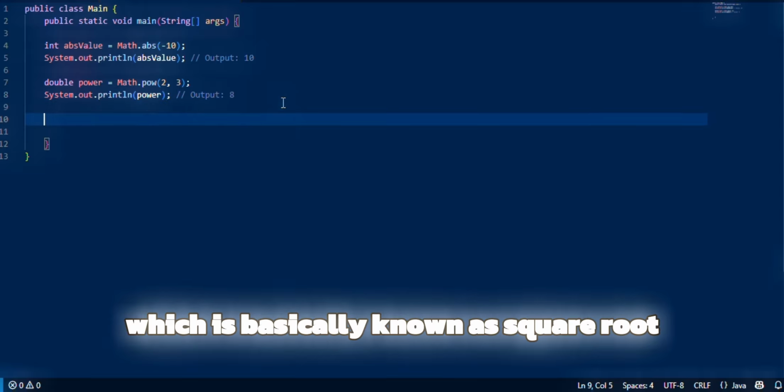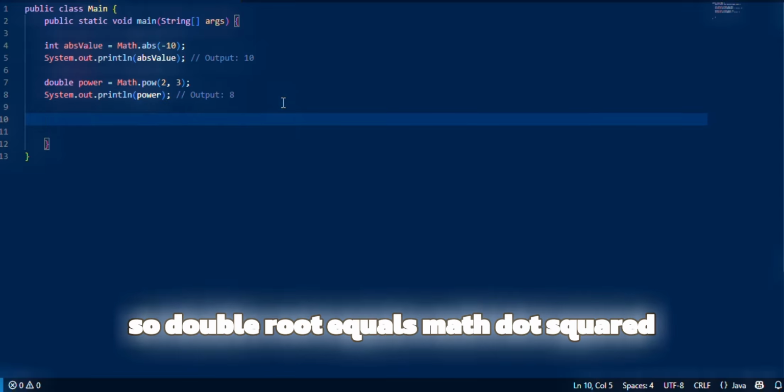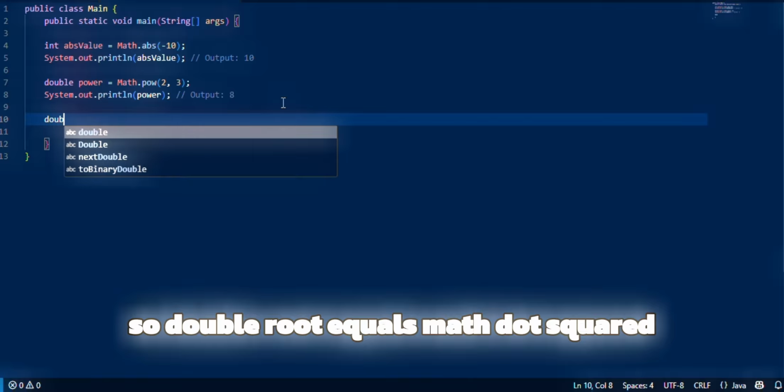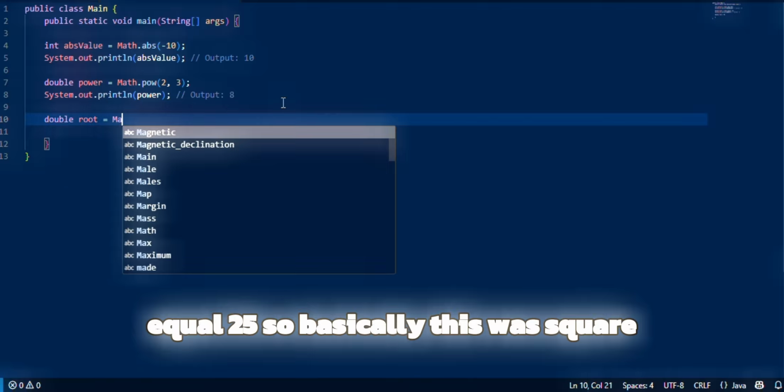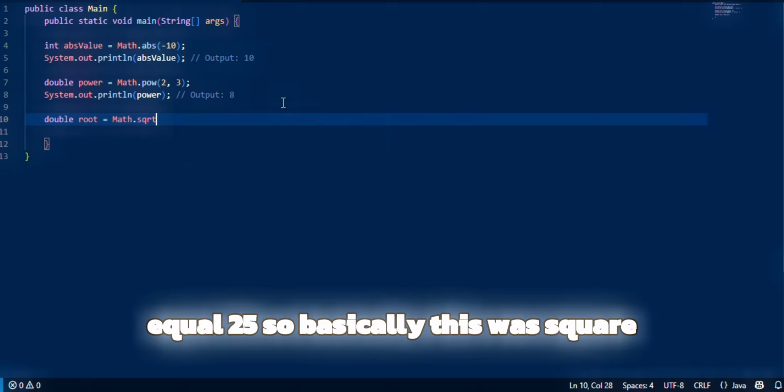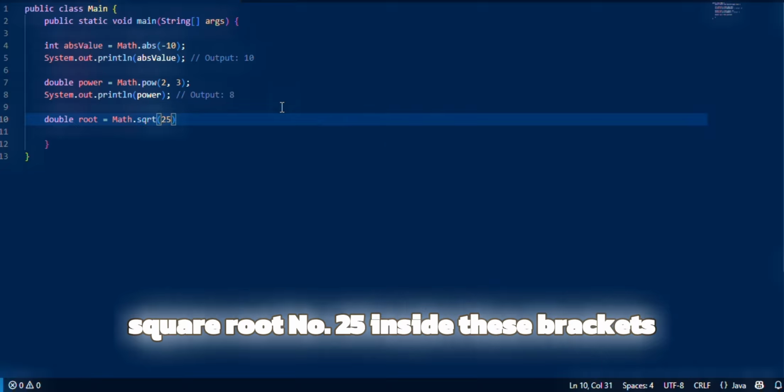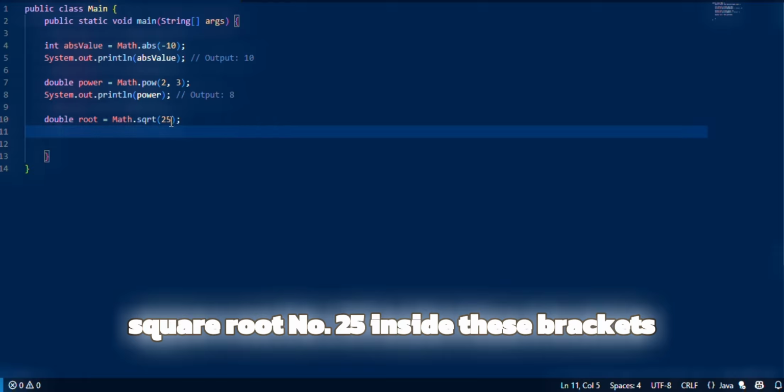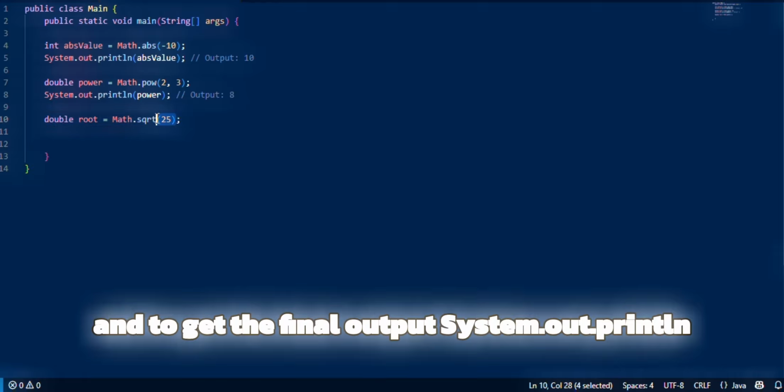The next example is Math.sqrt, which is known as square root. So double root equals Math.sqrt(25). This will take the square root of the number 25 inside these brackets.